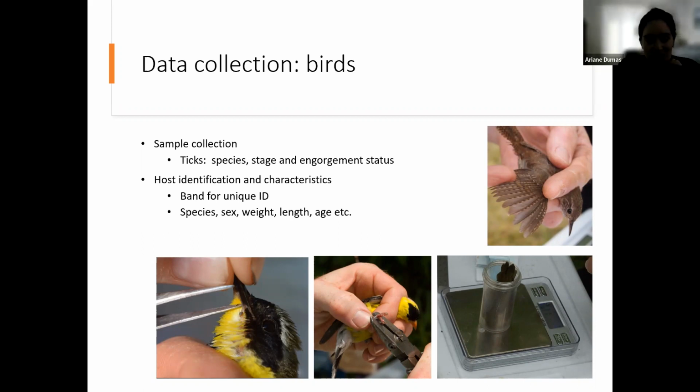And in the last picture, we see this poor little bird being weighed upside down in the pill jar. This was usually the last step we did before releasing the birds. And unlike the rodents, we could release them even if we were at the manipulation station, because they can easily find their way back to their nest.